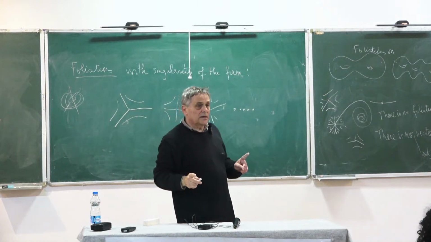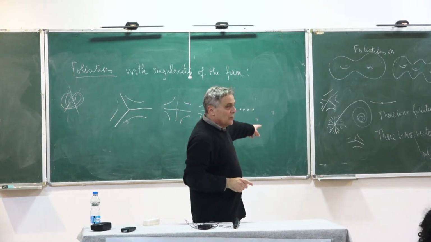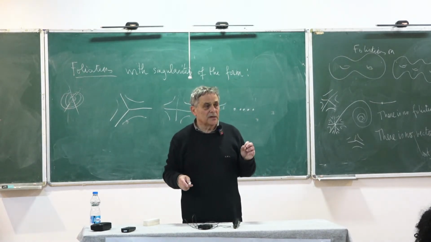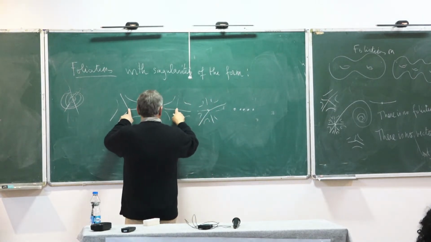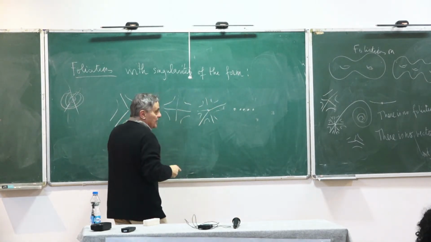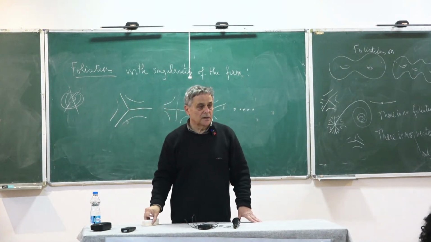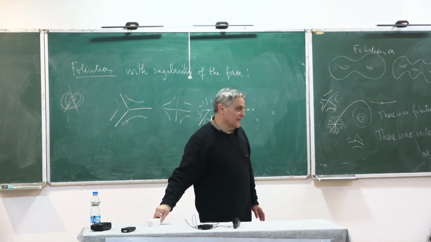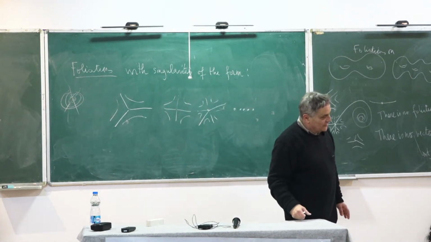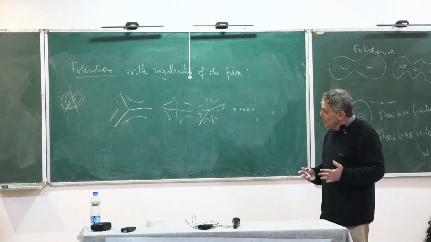And then, from what I said, that you can compute Euler characteristic from the number of singularities, I know that there are only a finite number of them. Why?